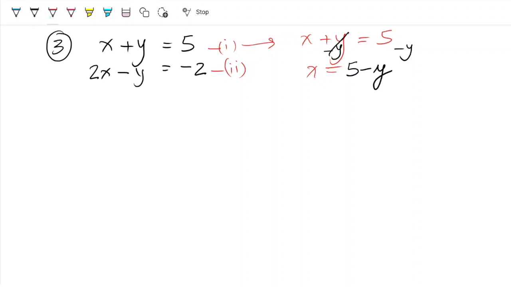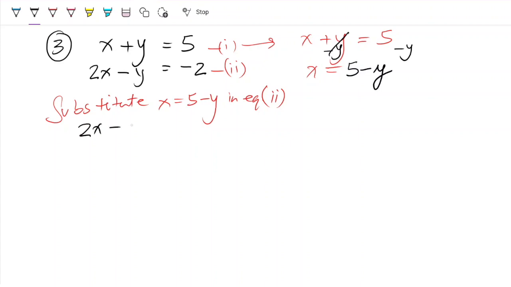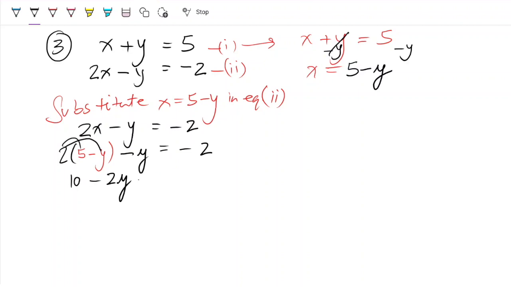Now we will substitute x as 5 minus y in equation 2. So equation 2 is 2x minus y equals negative 2, and x is 5 minus y, so 2 times (5 minus y) minus y is equal to negative 2. 2 times 5 is going to be 10. 2 times negative y is going to be negative 2y, and outside the bracket we have a negative y, equals negative 2.